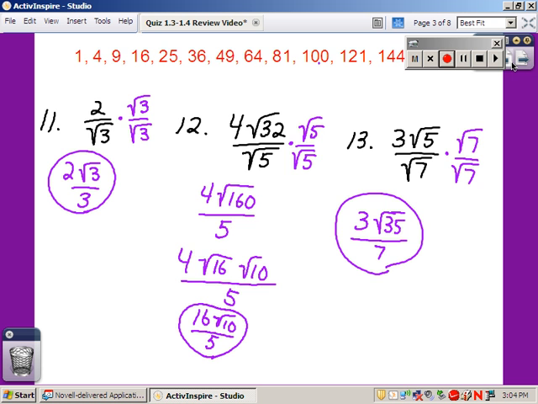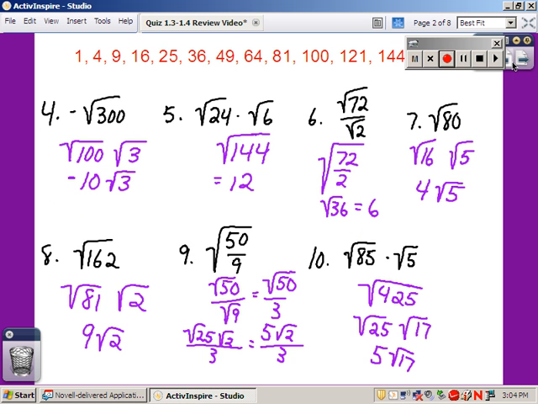But if you get one that looks like this, in number 6, you could actually go through and multiply by the square root of 2 over the square root of 2, and then you have to simplify the top of it, simplify the bottom, and divide the fraction to finally get down to 6 as an answer. But instead of doing all that, you could make it one square root and do what we did.